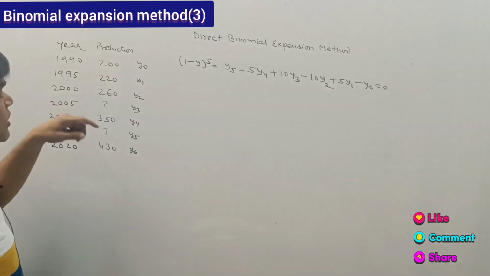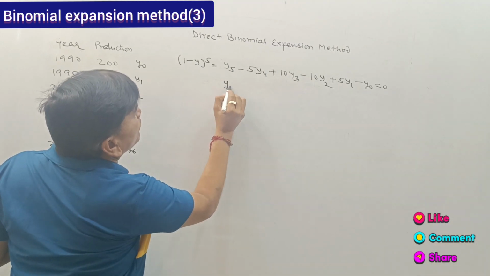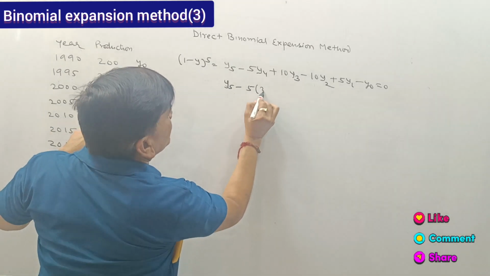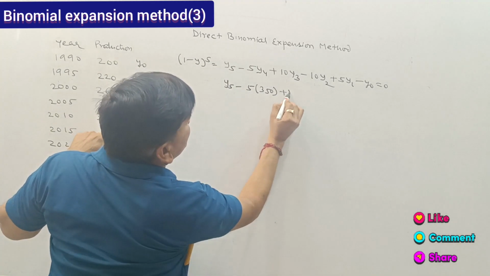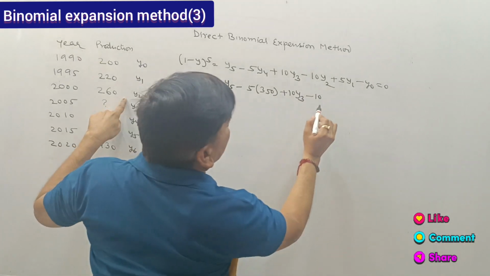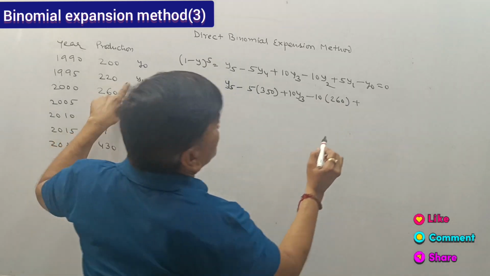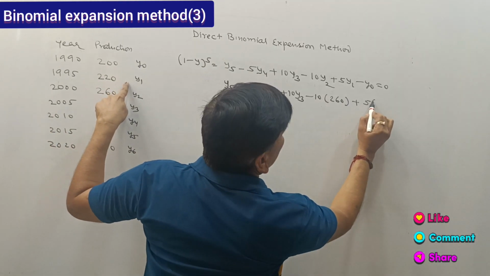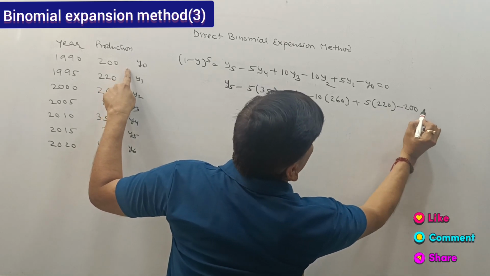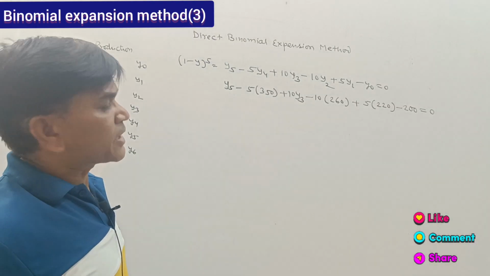So we will put the values. y5 is not given. y4 value is given, that is 350, multiplied by 5. 10 y3, value is not given. y2 value is given, that is 260. y1 value is given, that is 5 multiplied by 220, and y0 value is 200, equal to 0. So this is the first equation for the binomial expansion.